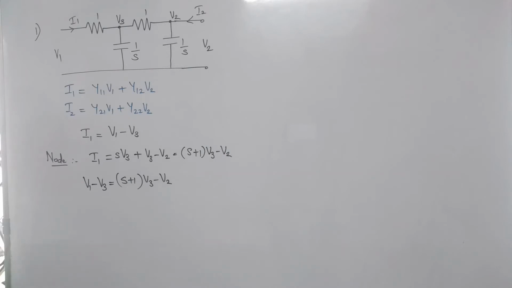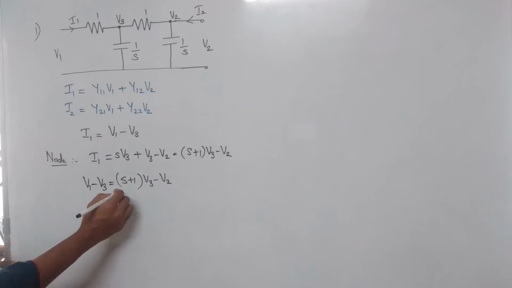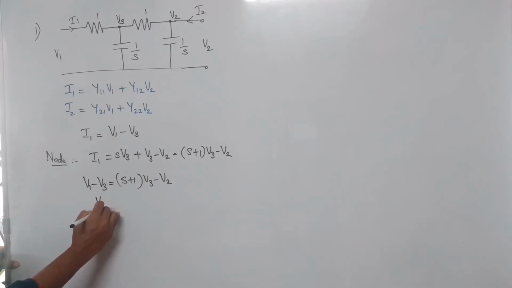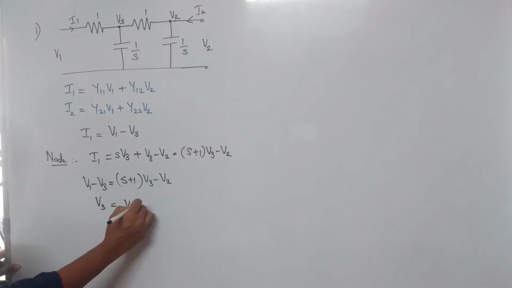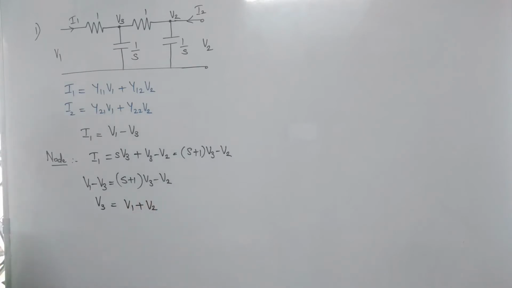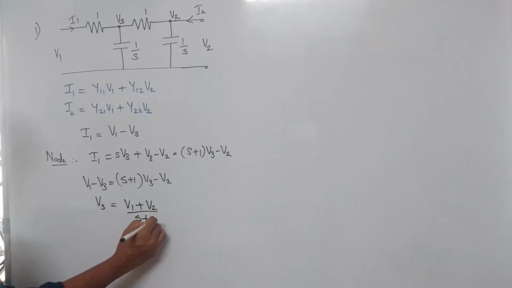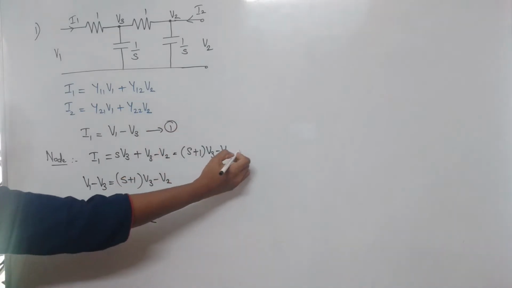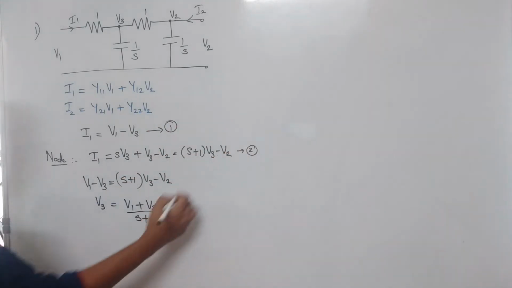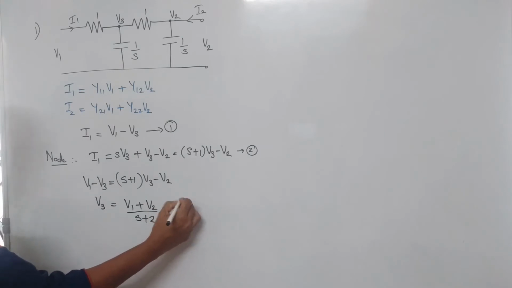From there we can write V3 is equal to V1 plus V2 by S plus 2. So this is equation 1, this is equation 2, and let this be equation 3.